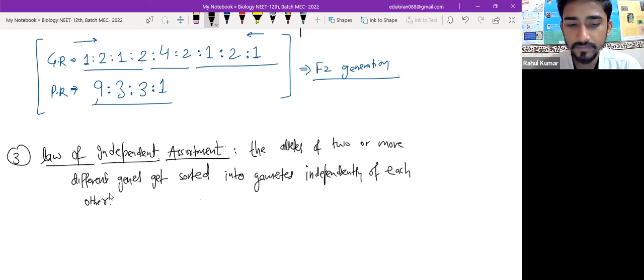It simply, in other terms, means, write down. In other words, it means the segregation of alleles of one gene does not influence the segregation of alleles of another gene.